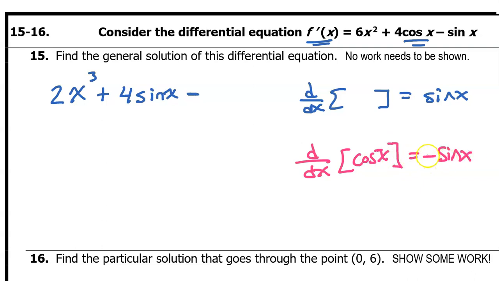That's super close. That means that the derivative of negative cosine will equal sine. So I need negative cosine for my derivative. But if I put a negative cosine right here, minus a negative is a positive. So let's go ahead and make this a plus.